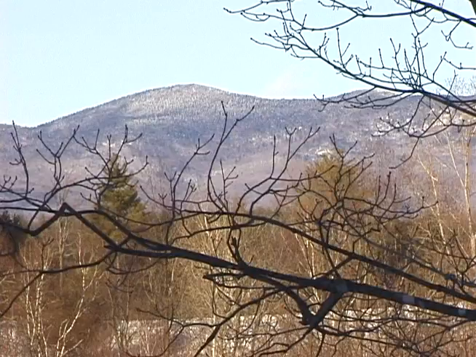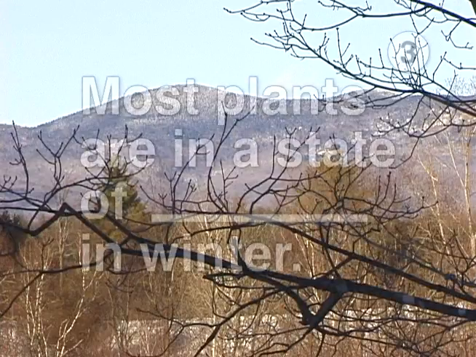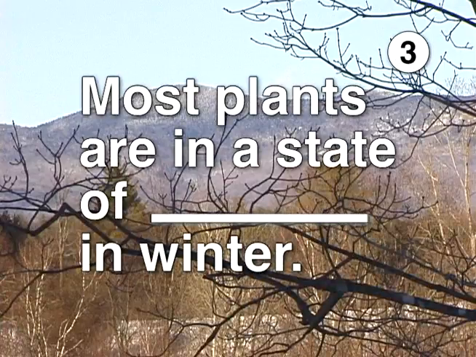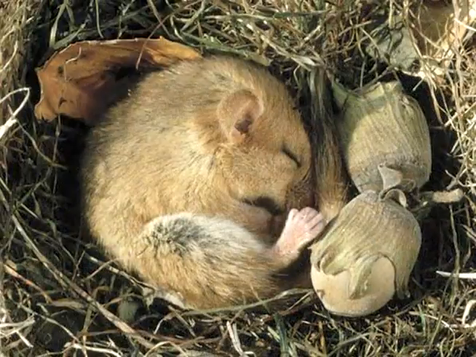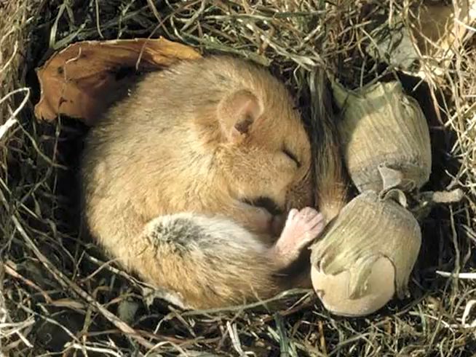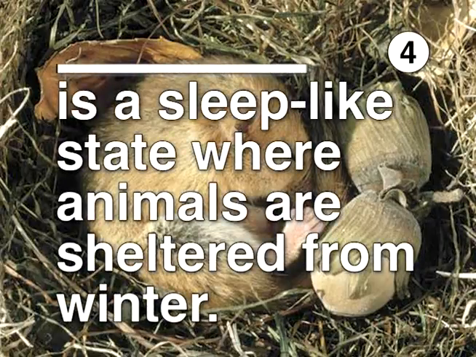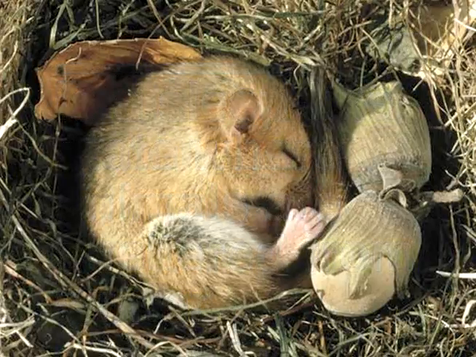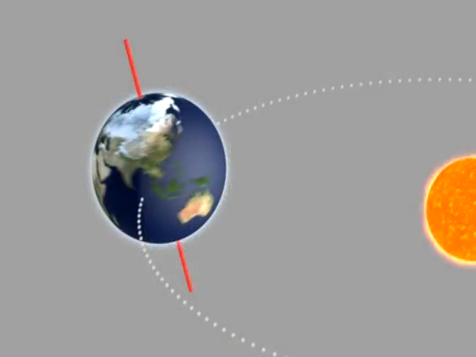Most plants are in a state of in winter. Number 4. Is a sleep-like state where animals are sheltered from winter. And number 5. The northern hemisphere is tilted from the Sun in winter.